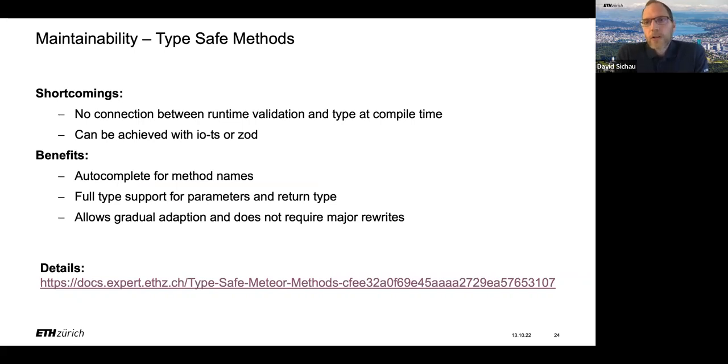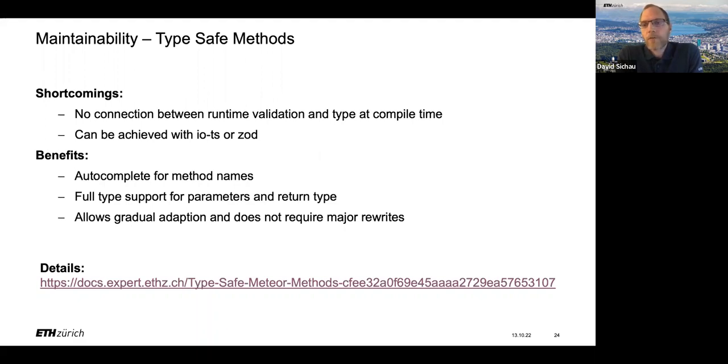So there are still some shortcomings, but they can be overcome. One shortcoming is that for validated methods, you have no connection between the runtime validation, which is based in my example on SimpleSchema, and the type at compile time. Our actual implementation of type-safe Meteor is still using the old one, but we also have a new one where we use io-ts internally to connect the runtime validation to the type system.